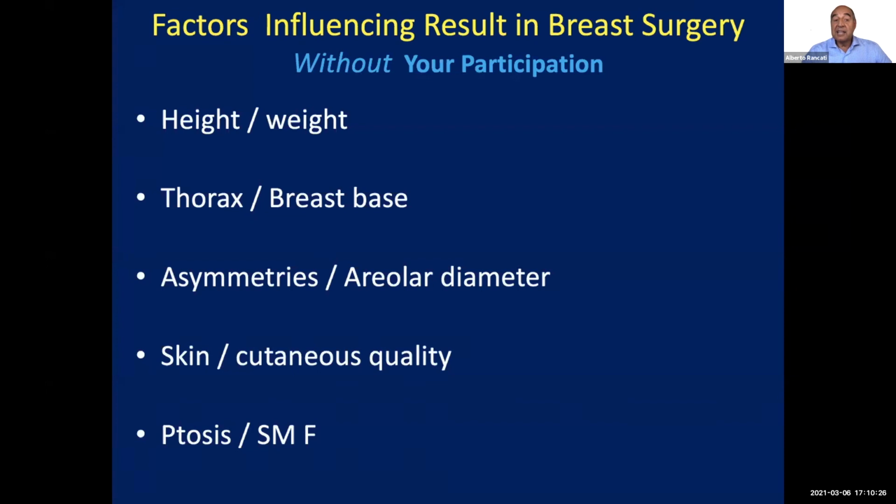These are things that will influence the result, whatever you do, just without your participation. So it's something you must be aware of before planning, and you must talk to your patient about this, because anatomically any patient has special characteristics.